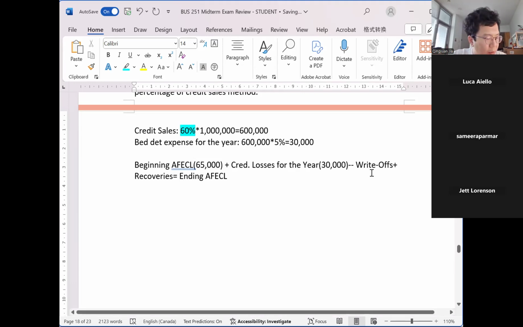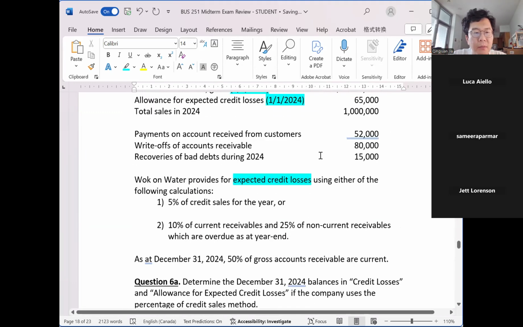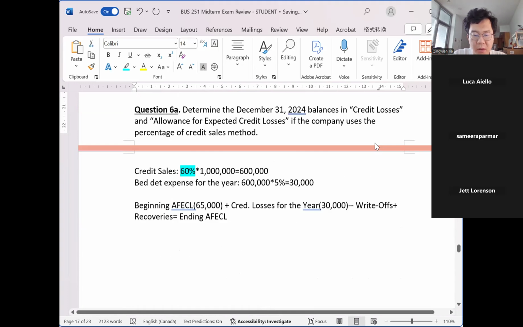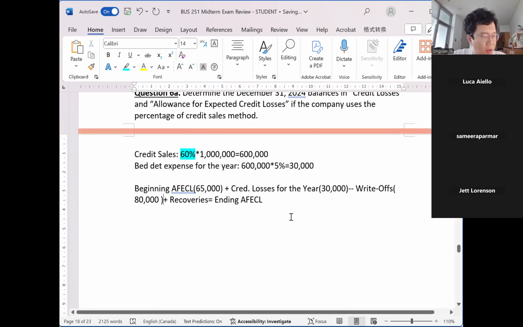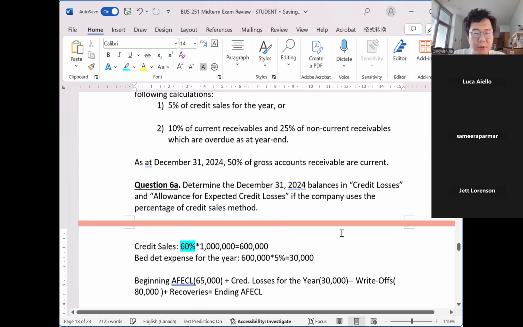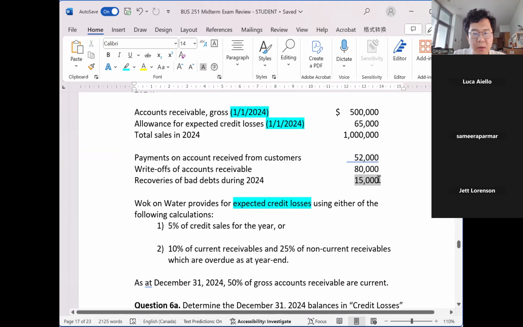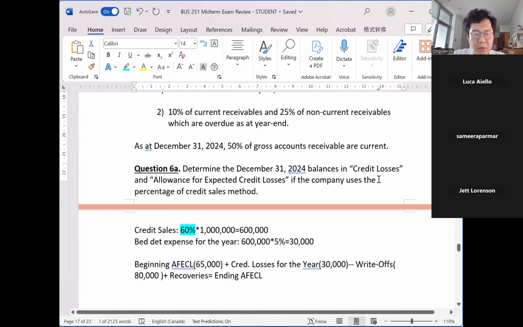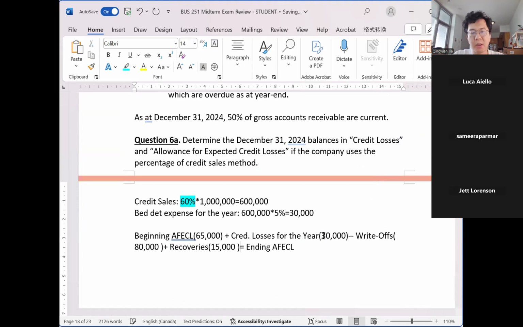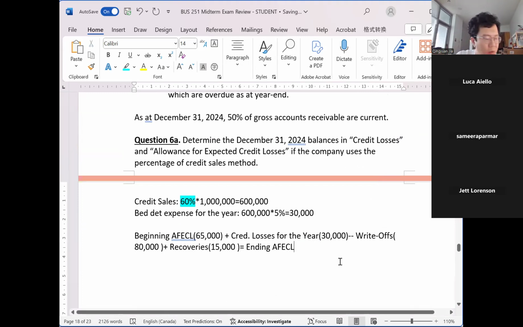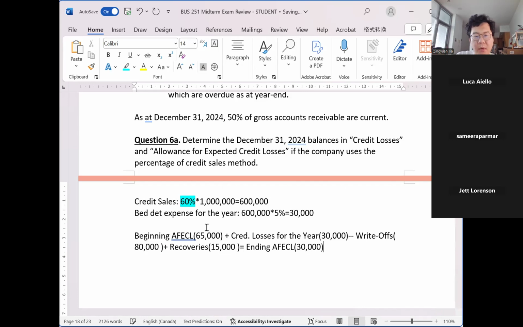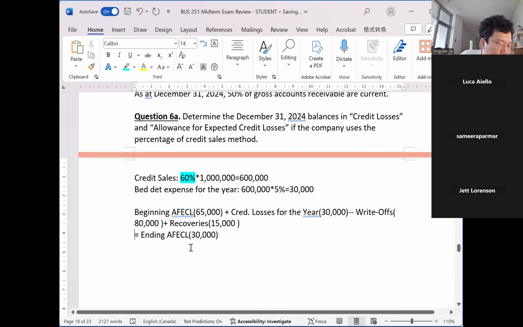And what is the write-off we have here? We have the write-offs. So I put the figure here. And recoveries, we have the recoveries here. And then we have the ending AFECL, which is 30,000. Yeah. So the calculation, we have the ending AFECL, which is 30,000.